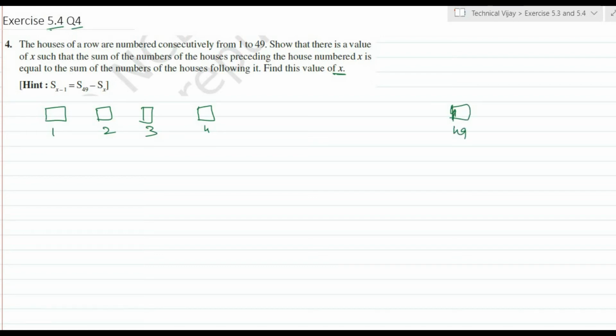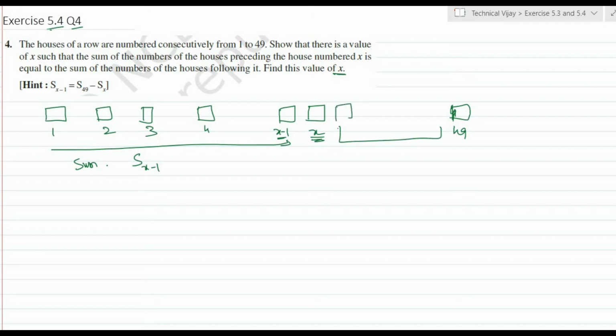There is one such house, call it number x; we don't know its position. It is in such a position that the sum up to the house preceding it, that is x minus 1, called S of x minus 1, equals the sum from after x, that is from x plus 1 to 49.